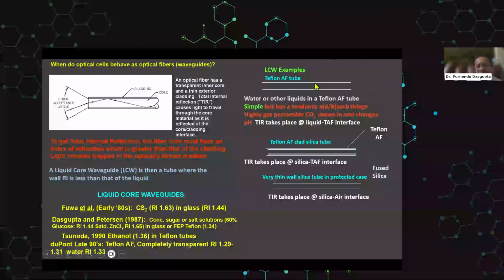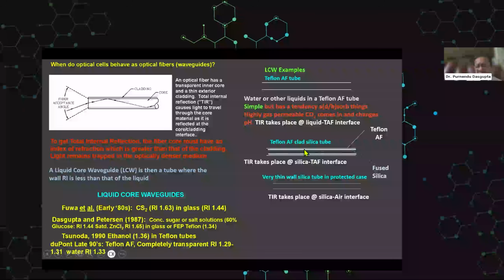So gases are continuously coming in and out of that. If you put an alkaline solution in there, CO2 will come in and change the pH, which you may not like. So people don't usually use it, and also it tends to absorb a lot of things. Here is a more common variety that is available from Polymicro, a Teflon AF clad silica tube. The total internal reflection in this case takes place at the silica Teflon AF interface.